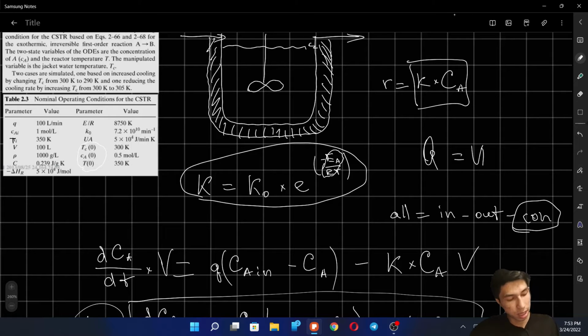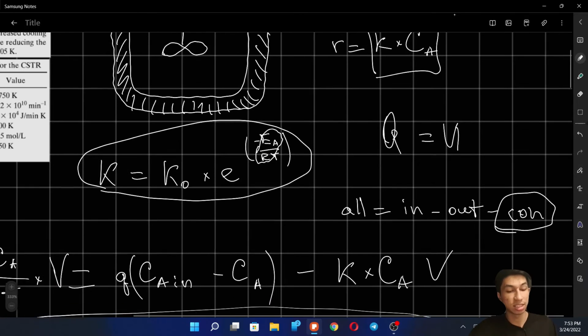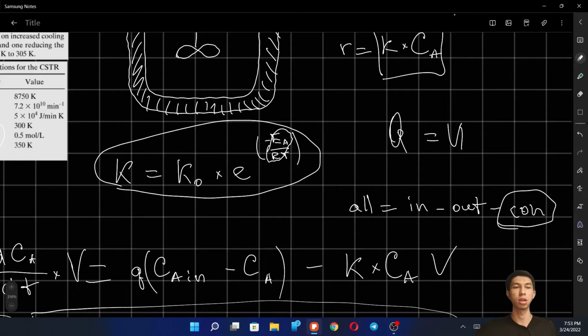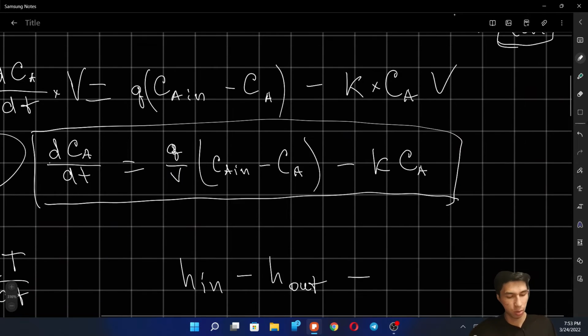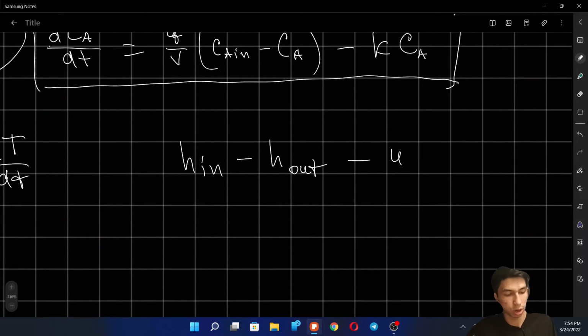So we can represent the energy that's getting to the cooling jacket as Q equals UA times the change in temperature, right? So we can just plug it in here. So it's going to be UA and change in temperature with the reactor and cooling jacket.